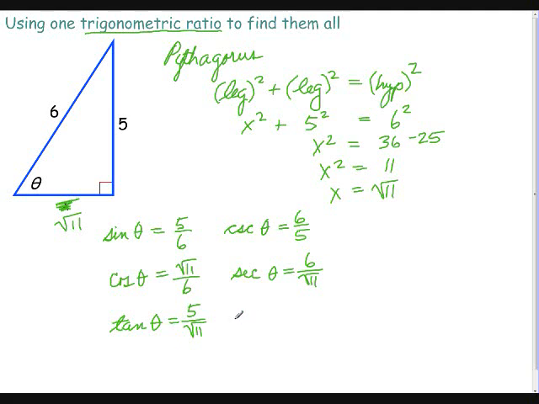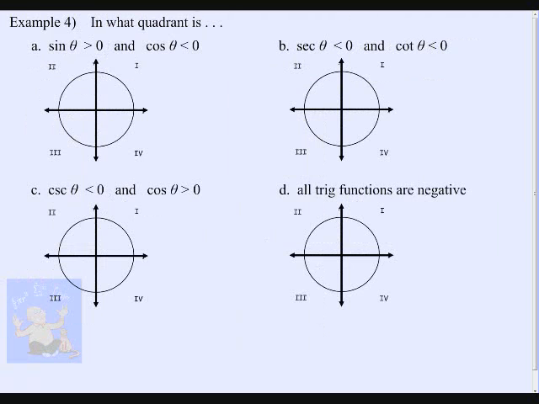And tangent's is cotangent theta. So that's my little example emphasizing Pythagoras, whose work you are going to be using a lot.